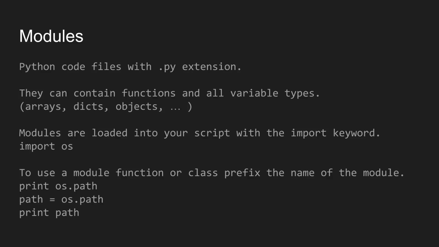Is os an actual module? Yes, os is an actual module, with OS functions. And for environment variables and system functions, there's os and then there's sys. So if you want to import arguments, first you import sys and then you can go through sys.argv, the arguments.